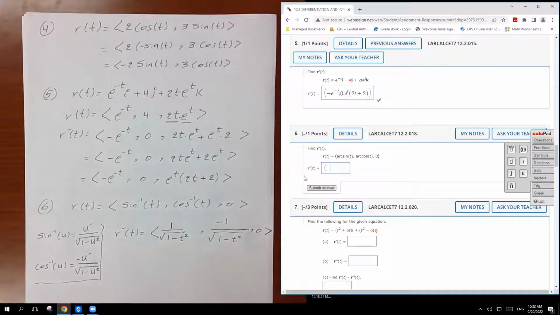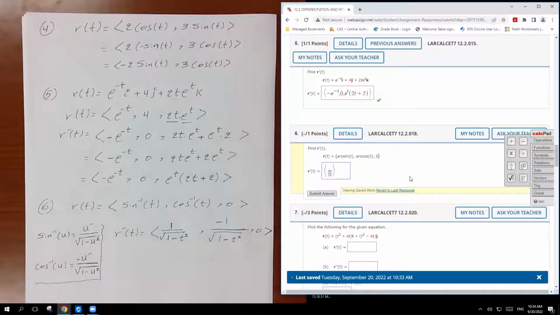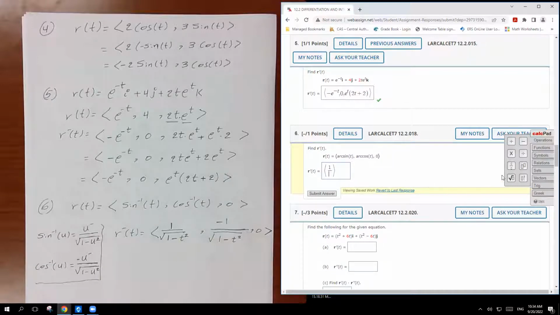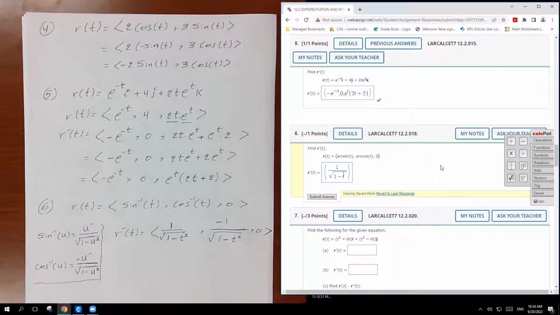It's going to be 1 over square root of 1 minus t squared, and comma.